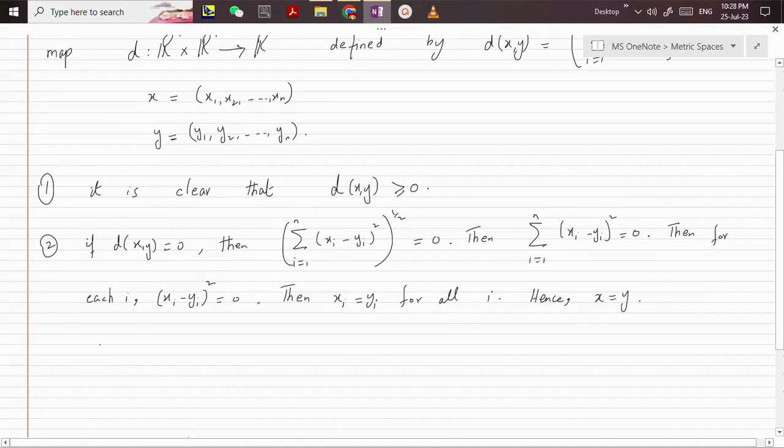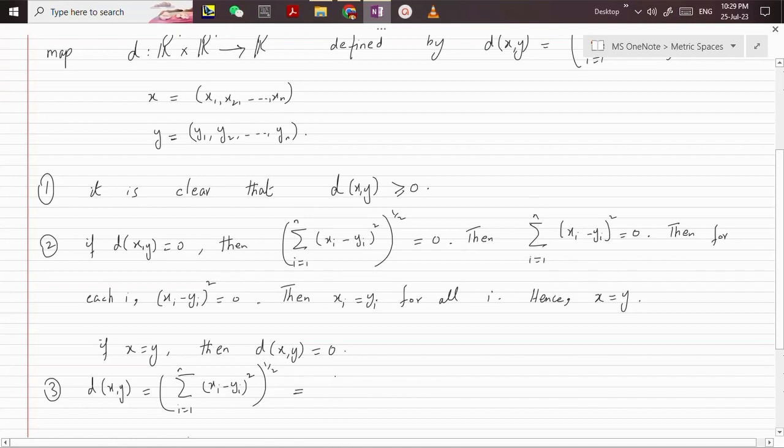Similarly, in the opposite way, we can prove that if x equals y, then the value of d at x, y equals 0. Number 3, the property of symmetry. d of x, y is equal to the summation i from 1 to n of (xi minus yi) whole square, whole power 1 by 2.